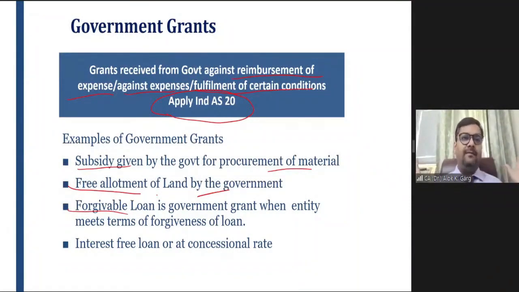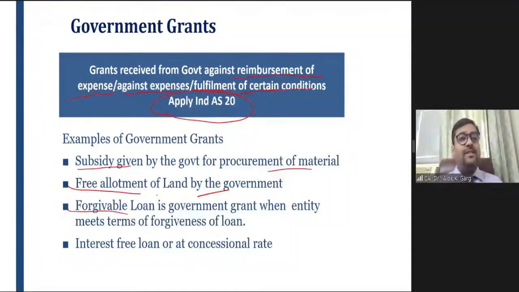As simple as that. So the standard says that if the government is providing a loan to an entity, and if the company complies with certain conditions the government will forgive the loan, then this loan will also be treated as a government grant.